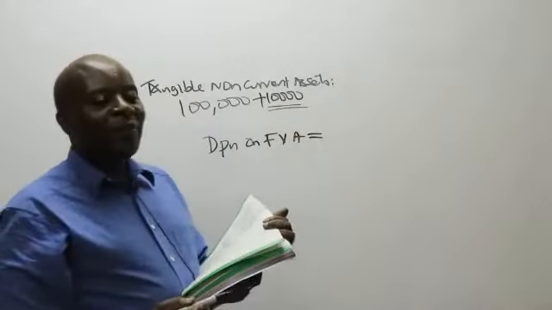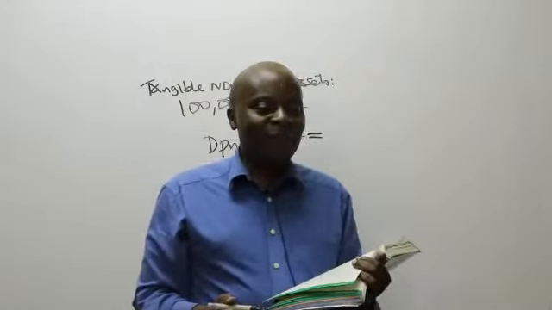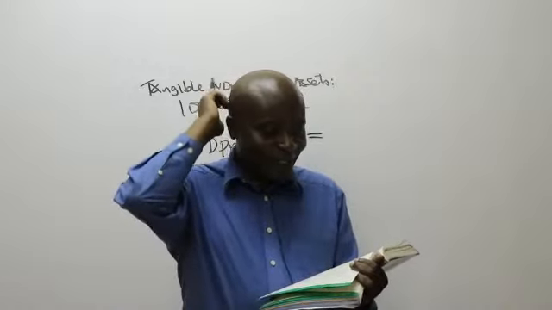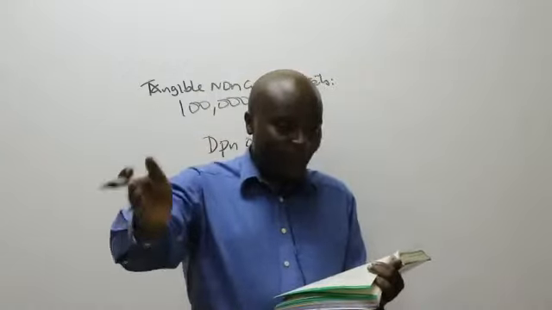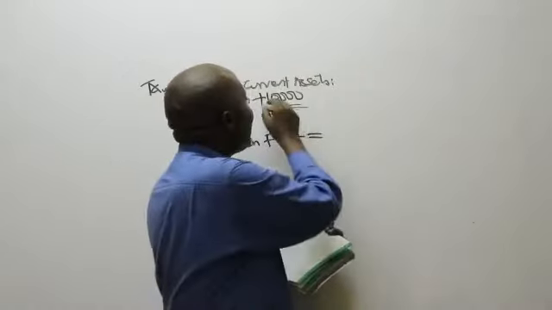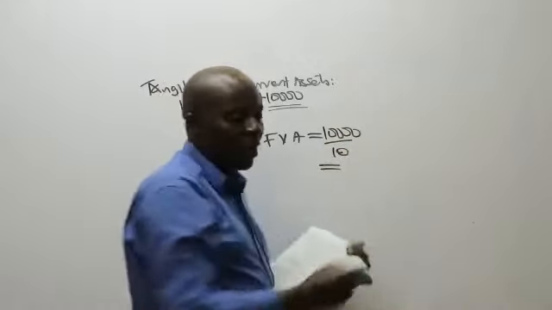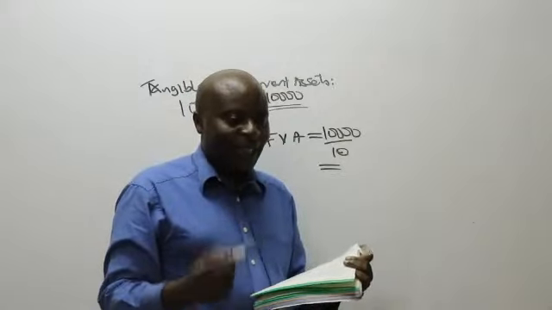Are you able to see the remaining useful life? Yes, 10 years. Remember, ours is straight line depreciation. So I'll take the 10,000, divide by 10 years, which gives 1,000.